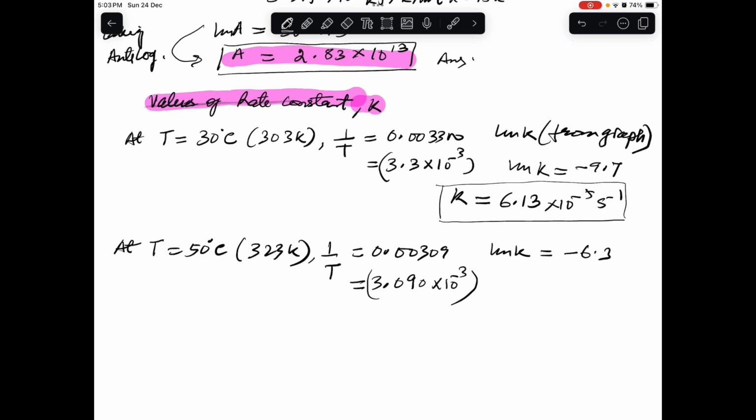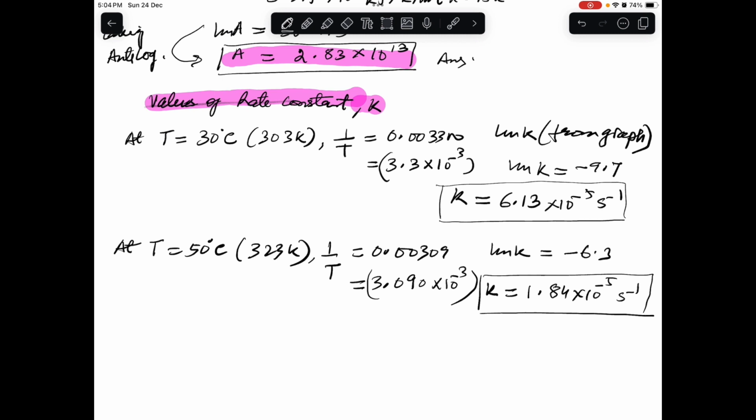And when we take the natural log of this, we will take K value as 1.84 into 10 raised to the power minus 5 per second. This is our second answer.